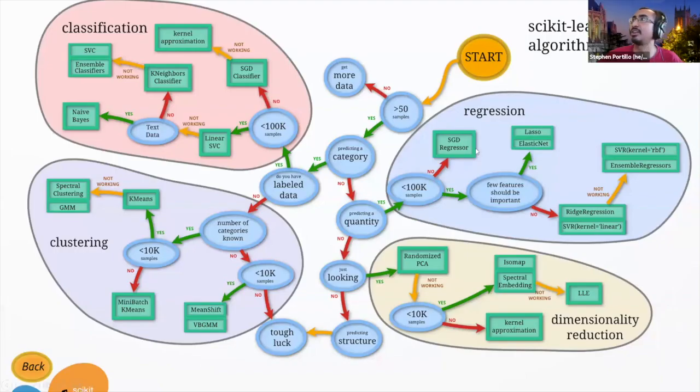So that's a good question. Is my slide still up? Yeah, it's back. Okay. So there's these four bubbles here. Roughly speaking, there's the classification and regression bubble, which are the supervised algorithms.